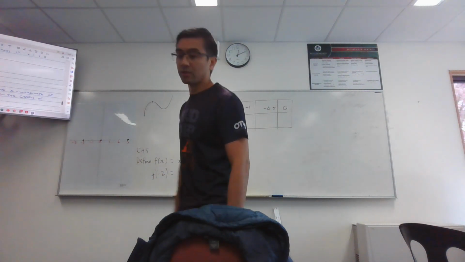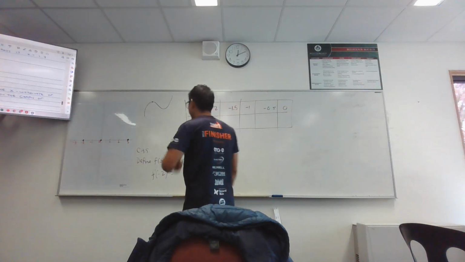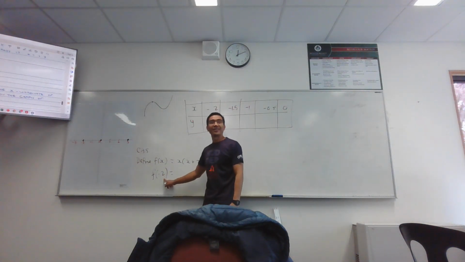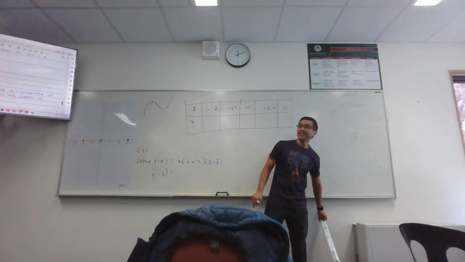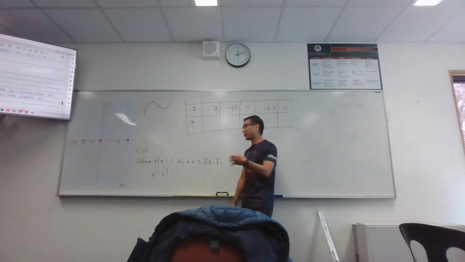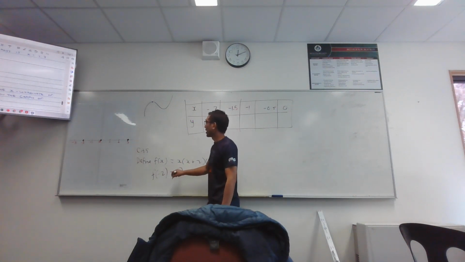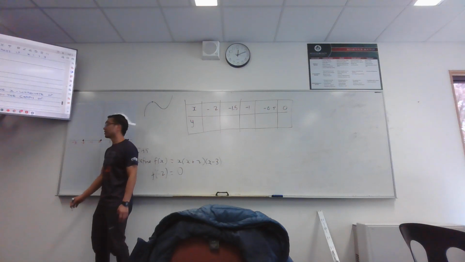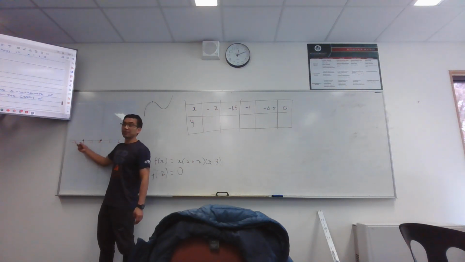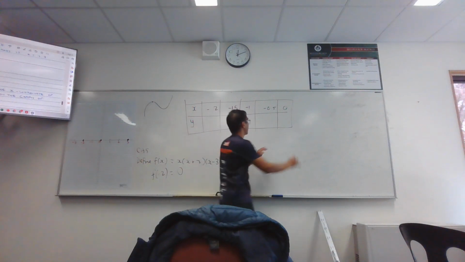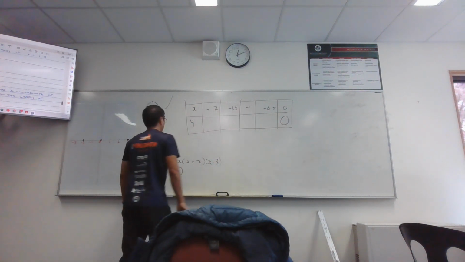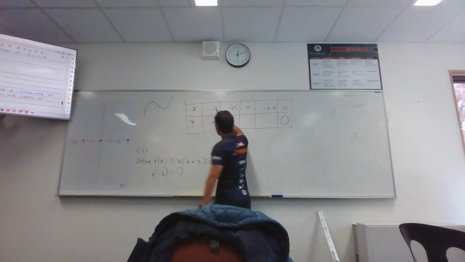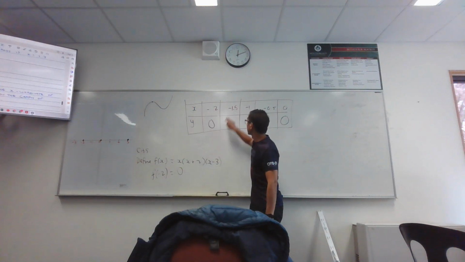Has anyone got the first one? You don't need to calculate though. Why? They all equal 0. We also know it's 0 on the graph because it's the intercept. So over here, we know that's an intercept. Okay, so we know that's 0.